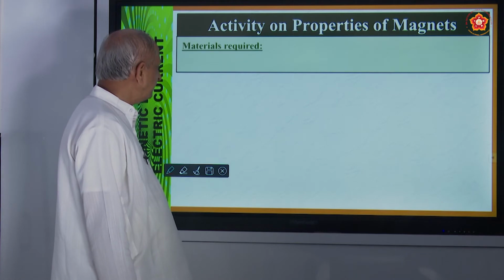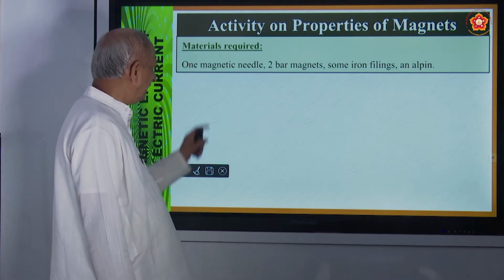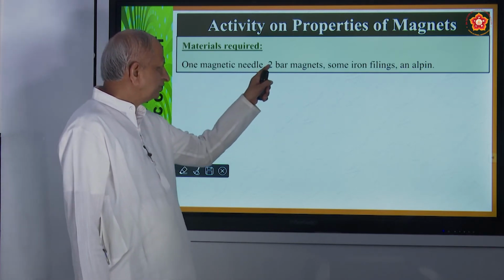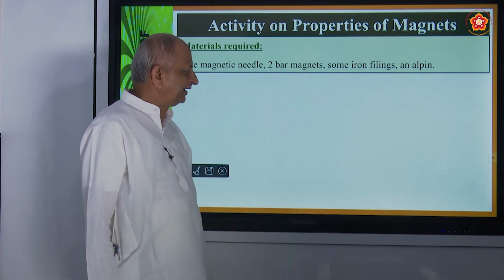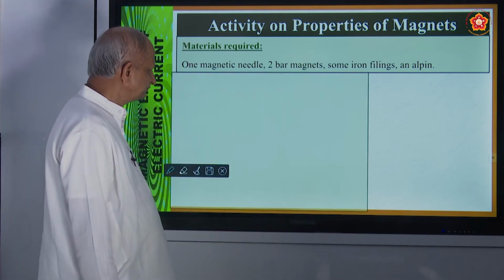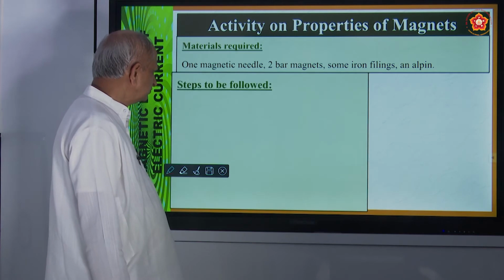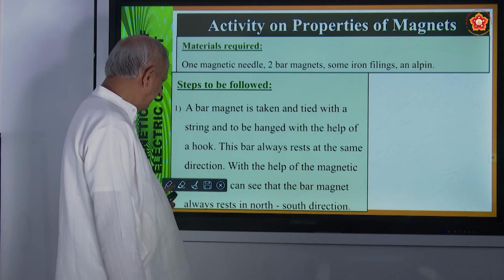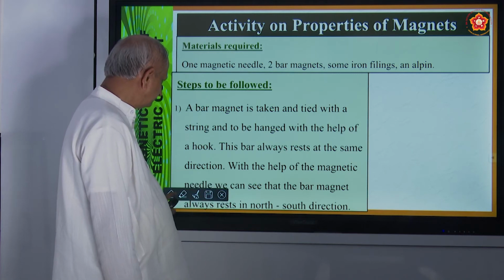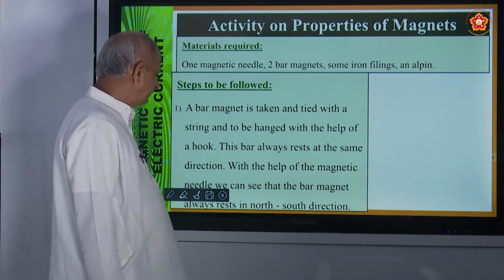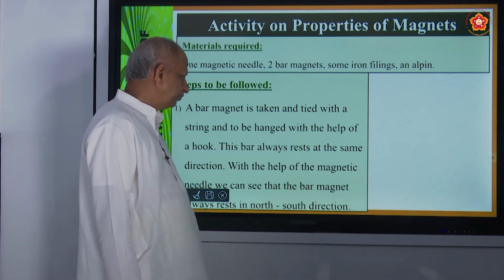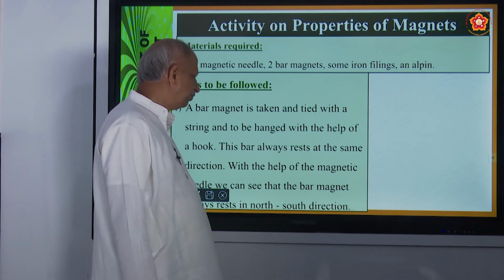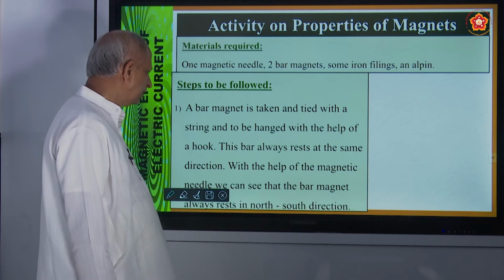The first activity: materials required are a magnetic needle, 2 bar magnets, some iron filings, and a pin. The first step is that a bar magnet is taken and tied with a string to be hung with the help of a hook.